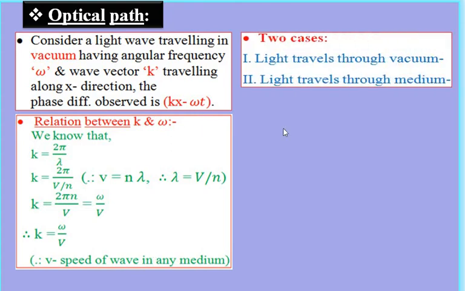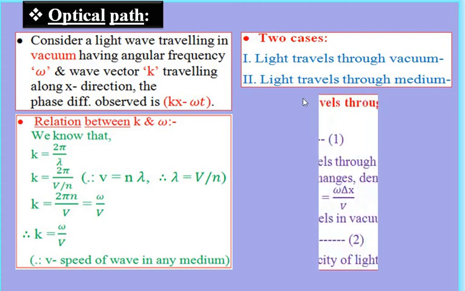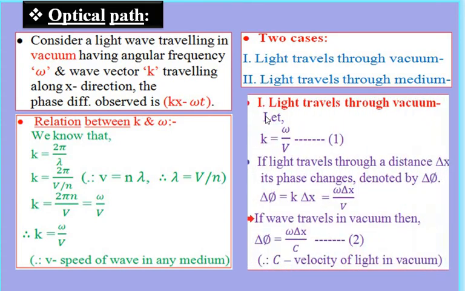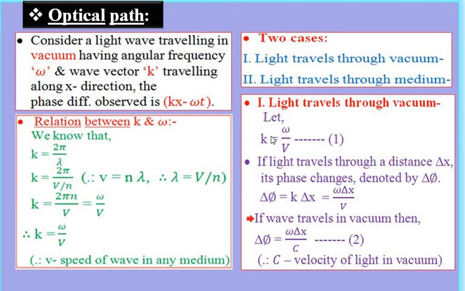Consider two cases: light traveling through a vacuum and light traveling through a medium. Let us first consider light traveling through a vacuum. We have seen that k is equal to omega divided by v, equation number 1. If light travels a distance delta x, its phase changes by delta phi. Therefore, delta phi is equal to k into delta x.